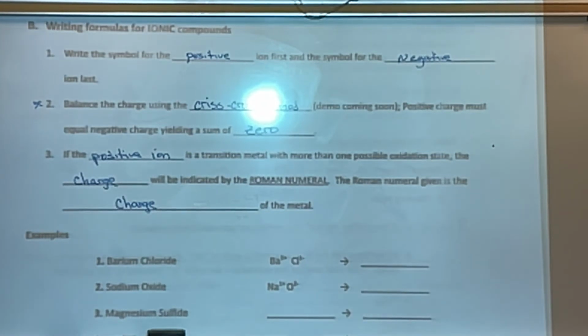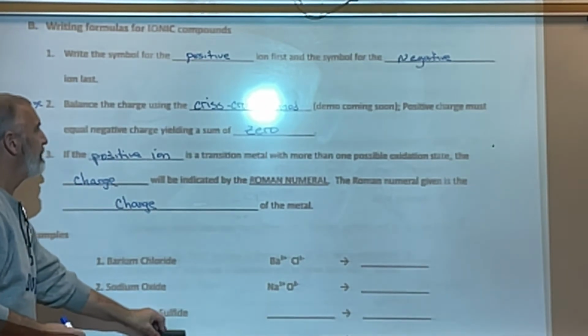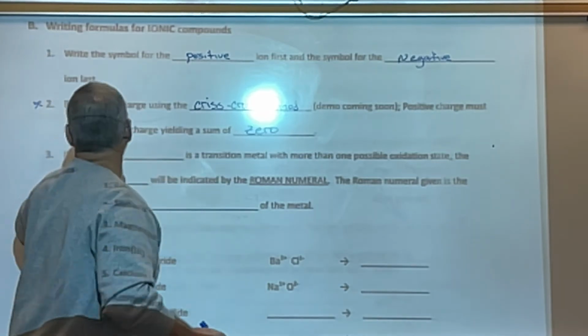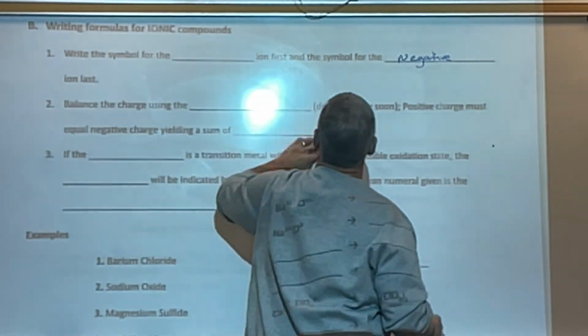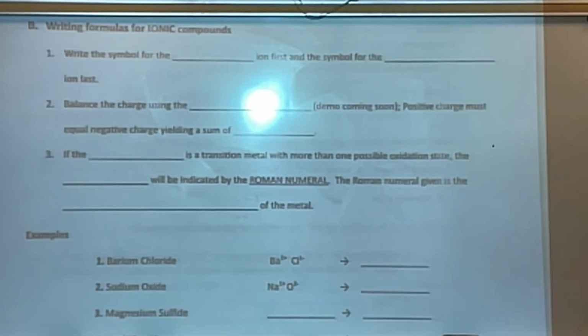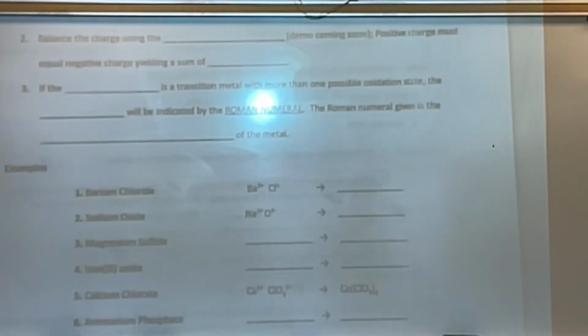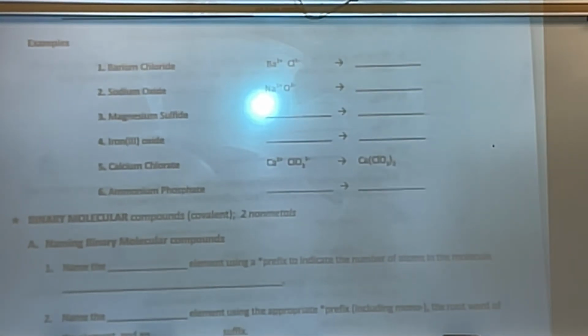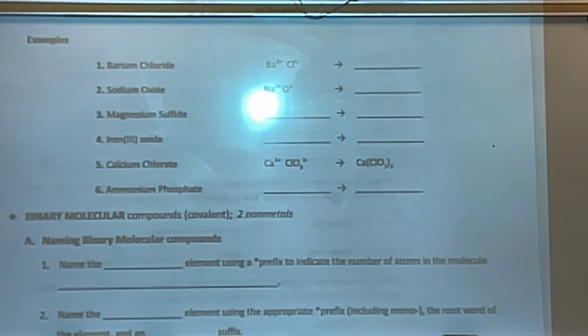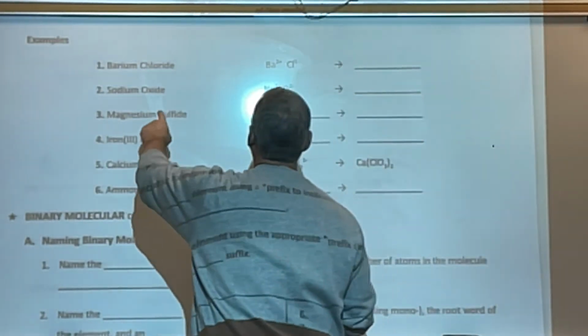Okay? So this crisscross method is just, all we're doing is finding the lowest common multiple. What's the lowest number that both of the charges go into? Most of the time it's pretty straightforward, pretty simple. Okay? Let's just look at some practice ones. If we just look at these. Barium and chloride.